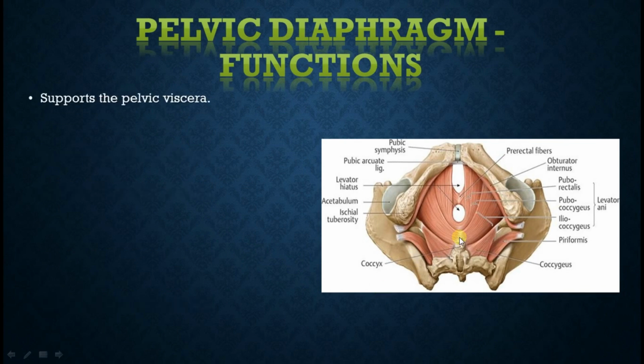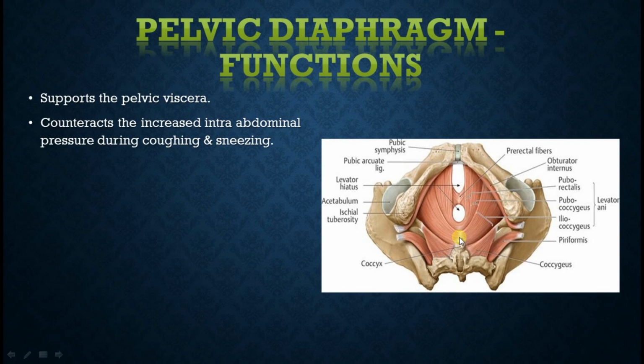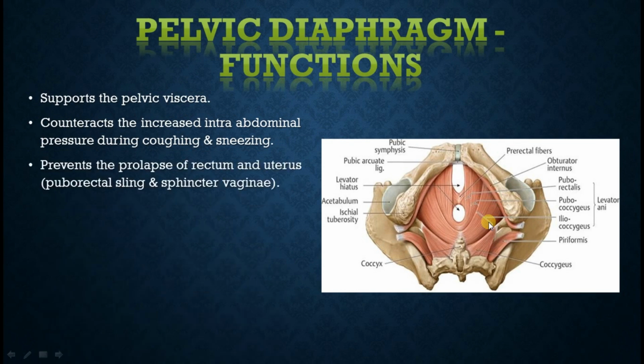So mainly it supports the pelvic viscera and counteracts the increased intra-abdominal pressure. So mainly during coughing, vomiting, constipation, sneezing, or when you take a deep breath, what happens? The diaphragm comes downwards and increases the intra-abdominal pressure. So all this has to be counteracted by the pelvic diaphragm.